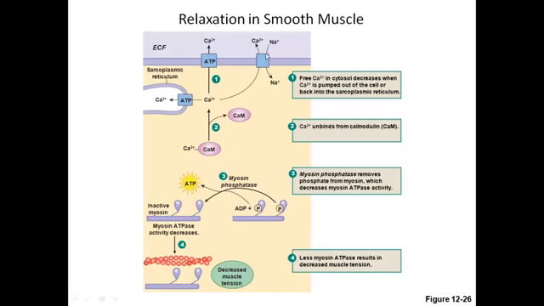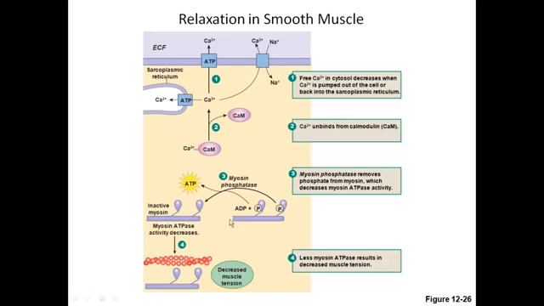As we release and remove some of this free calcium, calcium then unbinds from calmodulin. So we have more free calcium that keeps getting pumped and exchanged away and out of the sarcoplasm. The myosin phosphatase protein is another enzyme, so a kinase adds a phosphate group. A phosphatase removes that phosphate group. So the myosin phosphatase dephosphorylates or removes the phosphates from the myosin heads.